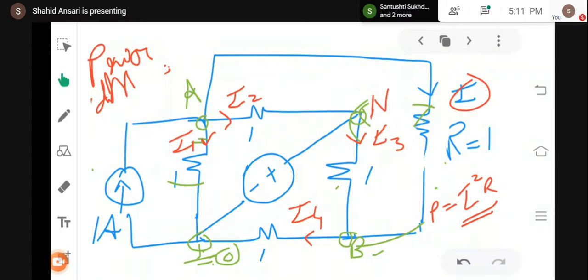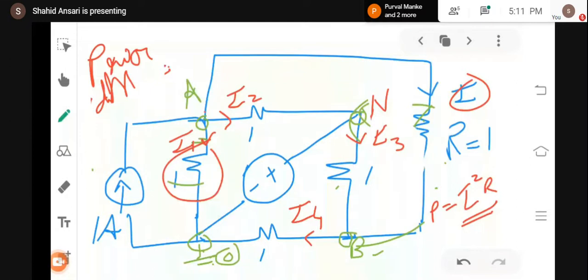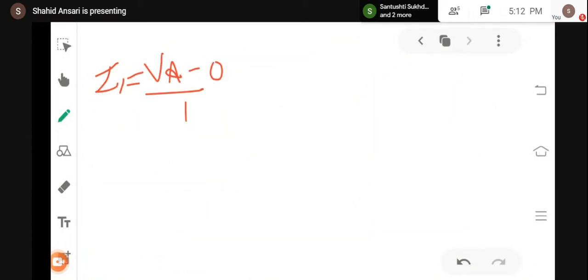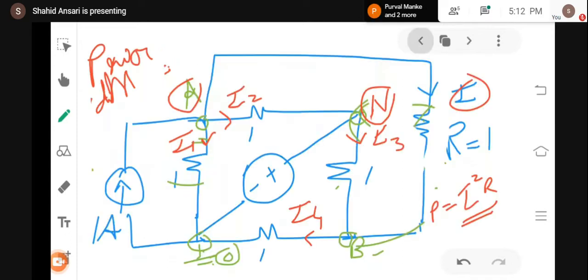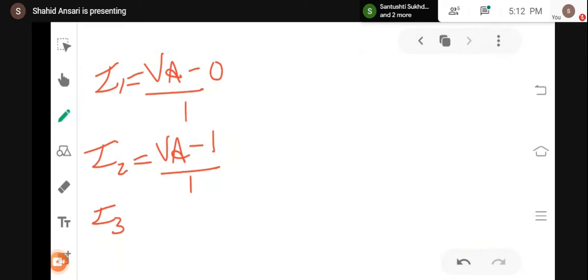Yes, sir. So I1 will simply be VA minus 0 divided by 1. Now I2 is VA minus 1 divided by 1. Then I3 is 1 minus VB divided by 1.